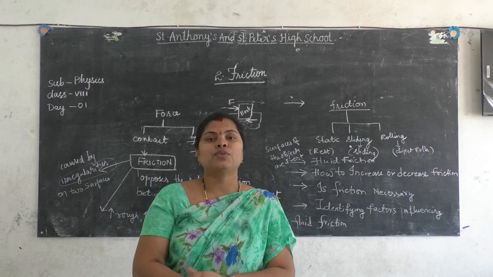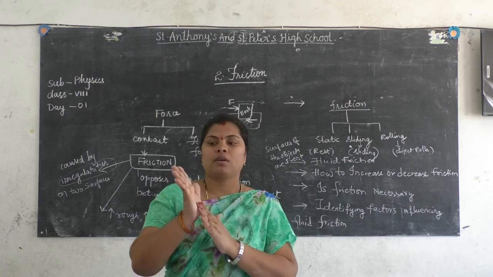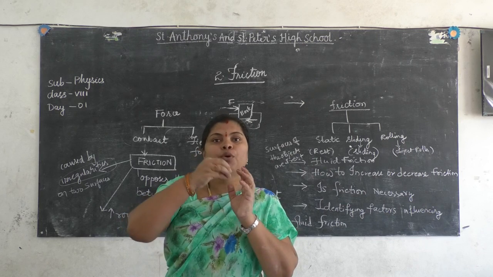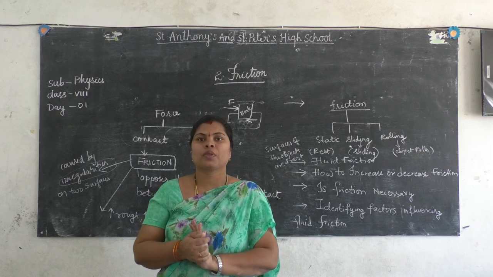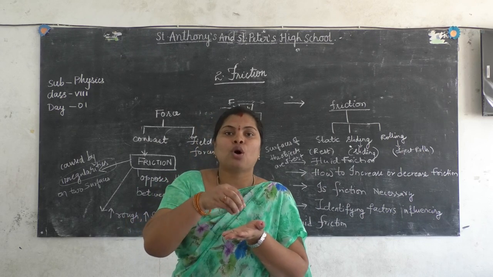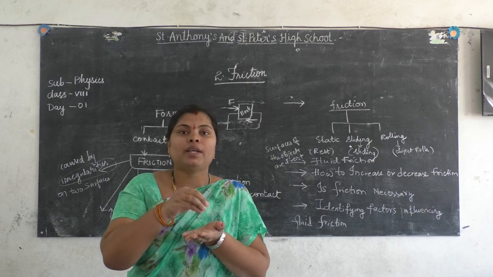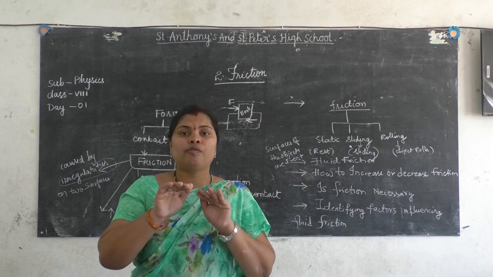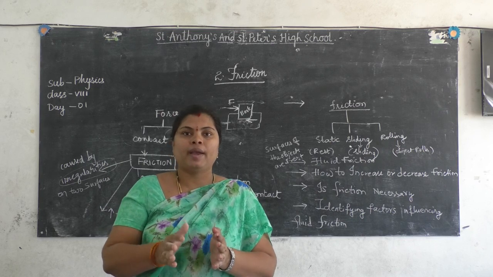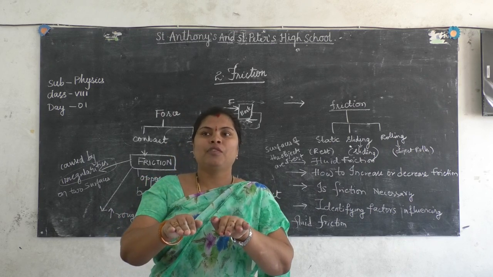And did you ever observe the sole of your shoes? You have some grooves there, ups and downs on the shoes. Those ups and downs, or irregularities on your shoe sole, help us not to fall down or slip, and we can move easily without slipping.